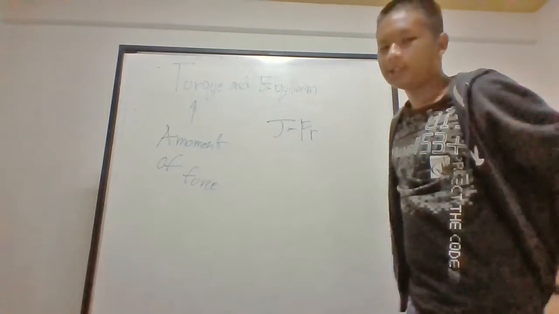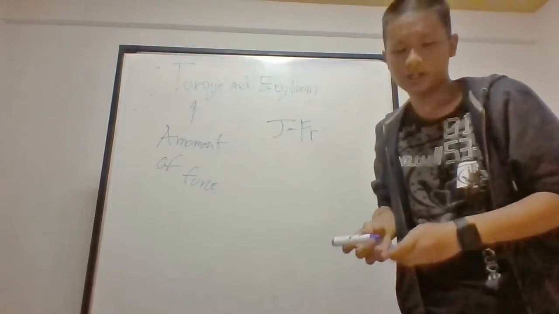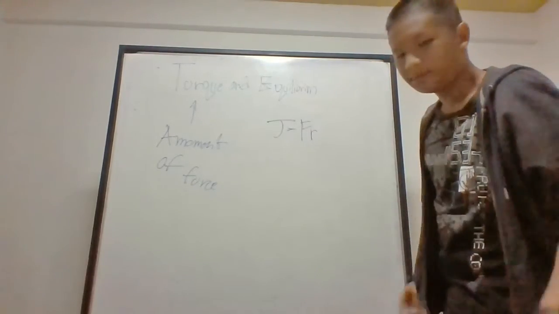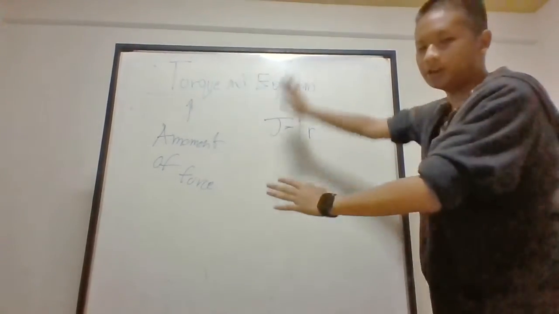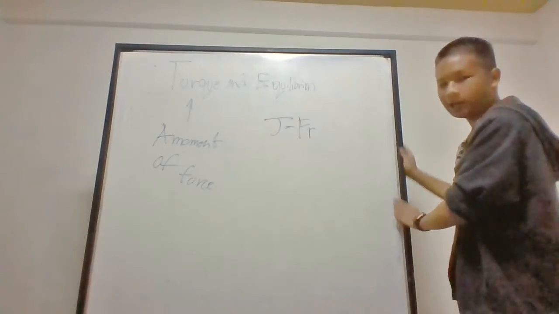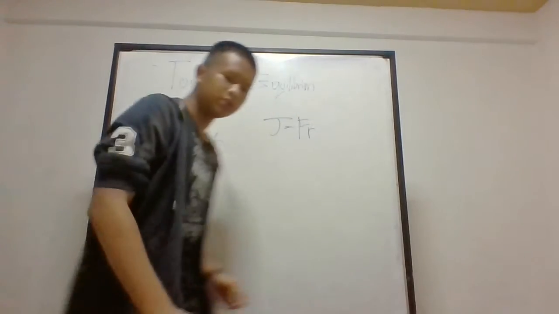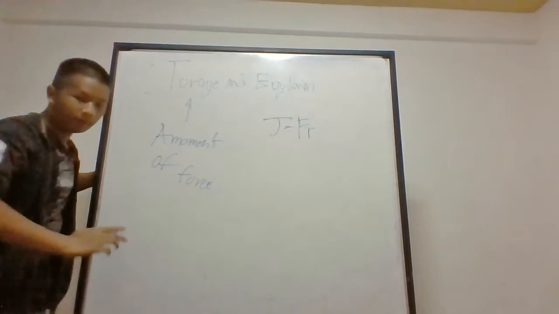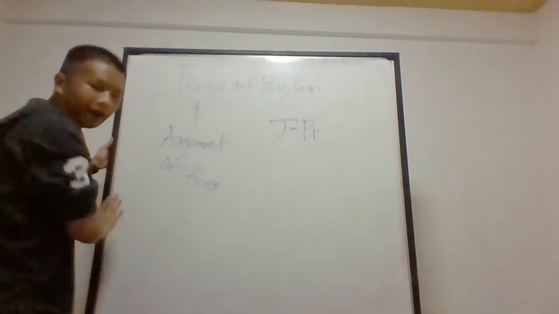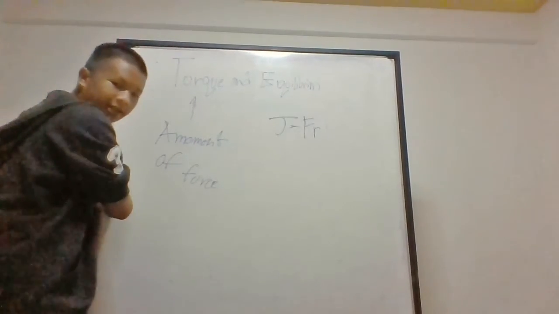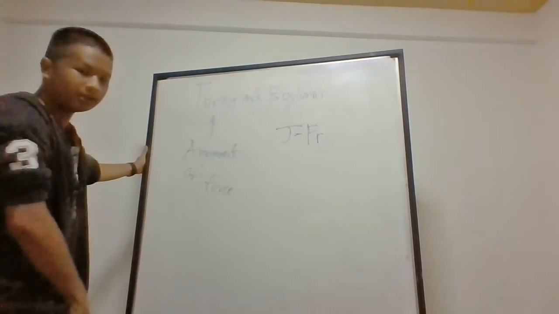So it's something like a door. Let's imagine that this is a door. This is the center of mass. We push the door this way, back. I apply the force here, so I push it back.